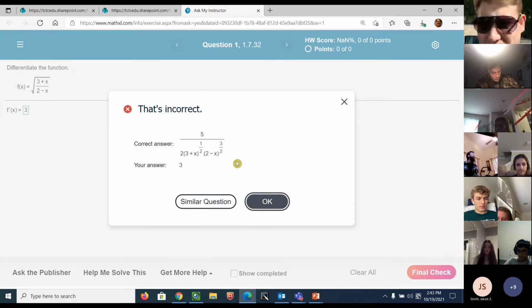I see the 2. There's a 2. 3 plus x to the 1/2. 3 plus 3. 2 minus x. Where'd they get the 2? Oh, I think I changed the problem midway through. Yep, I sure did. I suck.